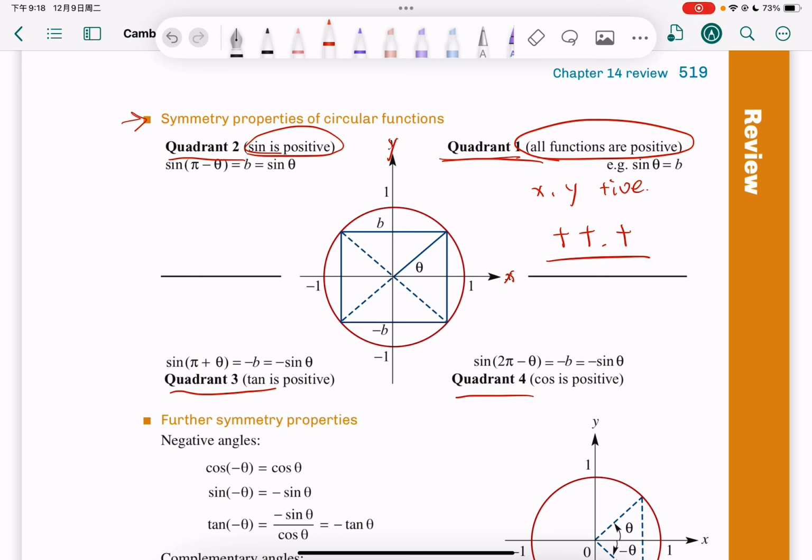In the second quadrant, only sine is positive, so the others are negative. In the third quadrant, only tangent is positive, so sine and cos are negative. And for the fourth quadrant, only cos is positive.